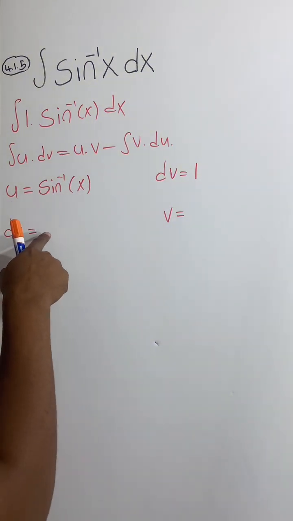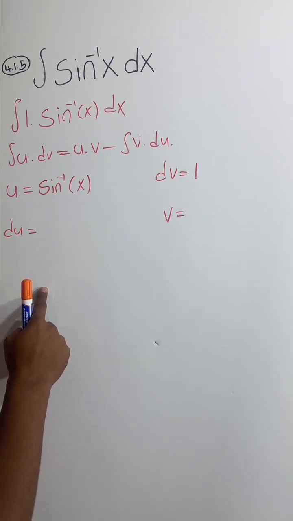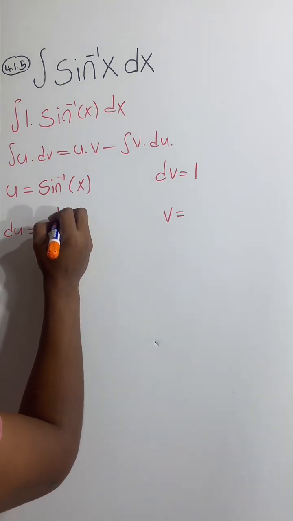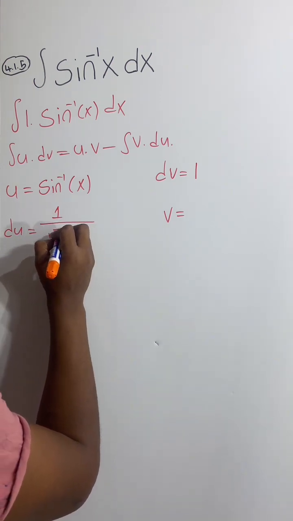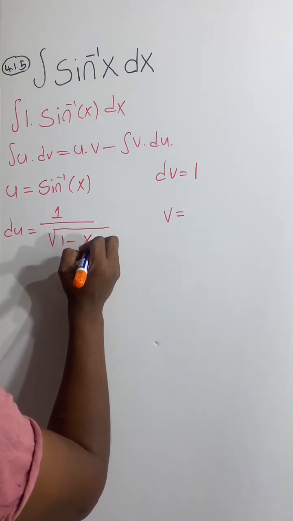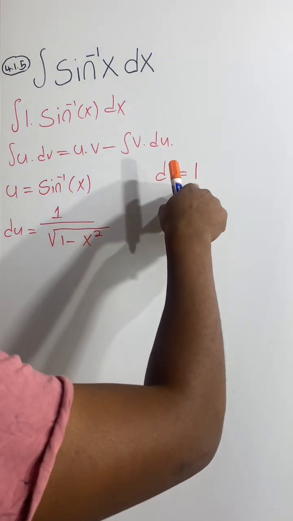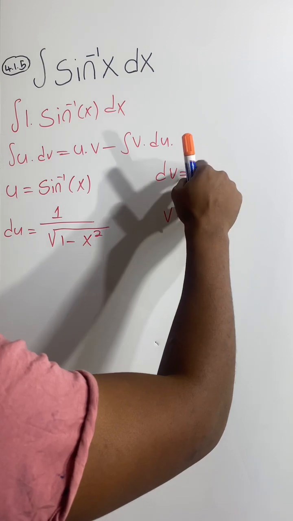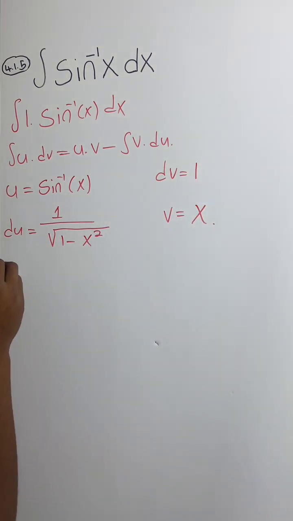When we differentiate u with respect to x, we get 1 over the square root of 1 minus x squared, and this can be found on our formula sheet. We integrate dv, so when we integrate 1 with respect to x, we get x.